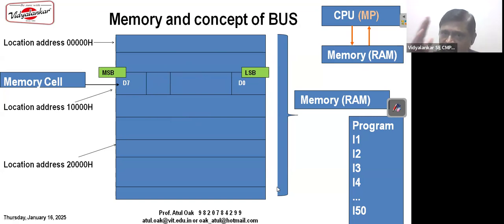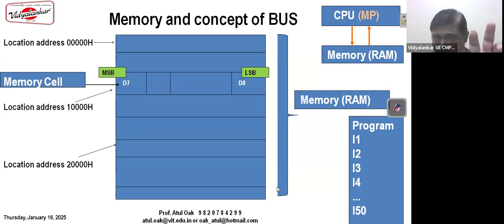So address, control, data, this is the sequence in which your buses are used in a computer. If you are carefully listening to me and doing single tasking, you will agree that when I introduced the types of buses, I showed them in a particular sequence.